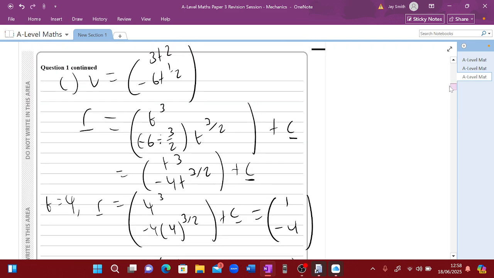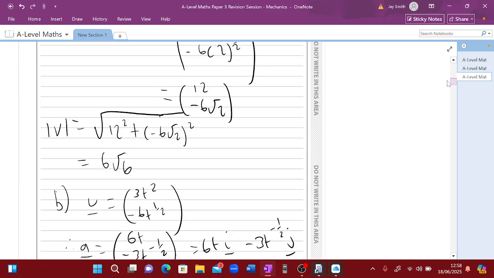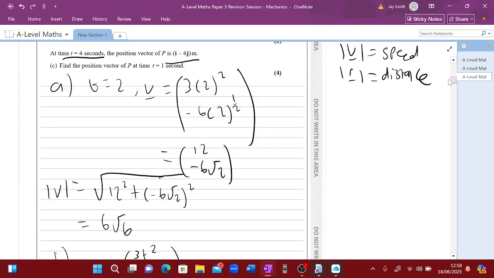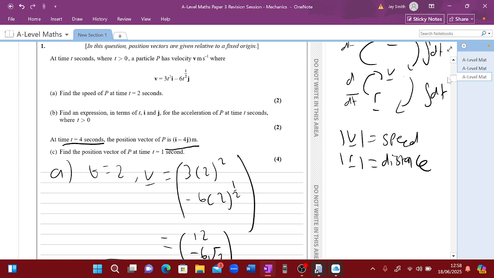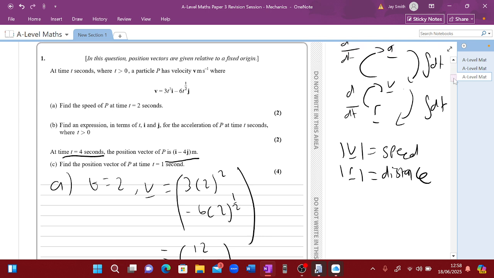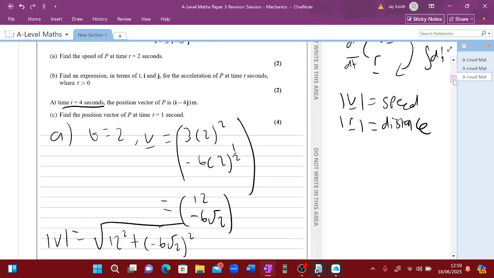So now we've found r, the displacement vector in terms of t. But he's asking to find the position vector at t is 1. So now we need to substitute t is 1 back into r.